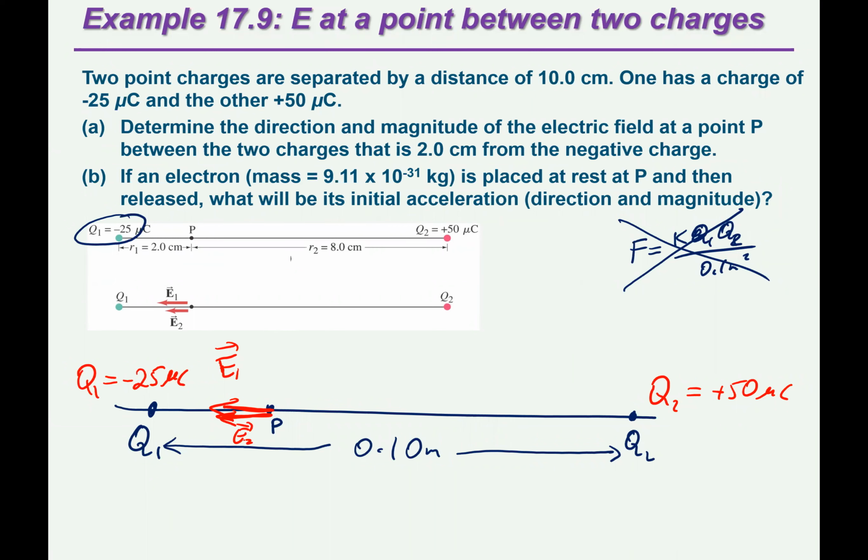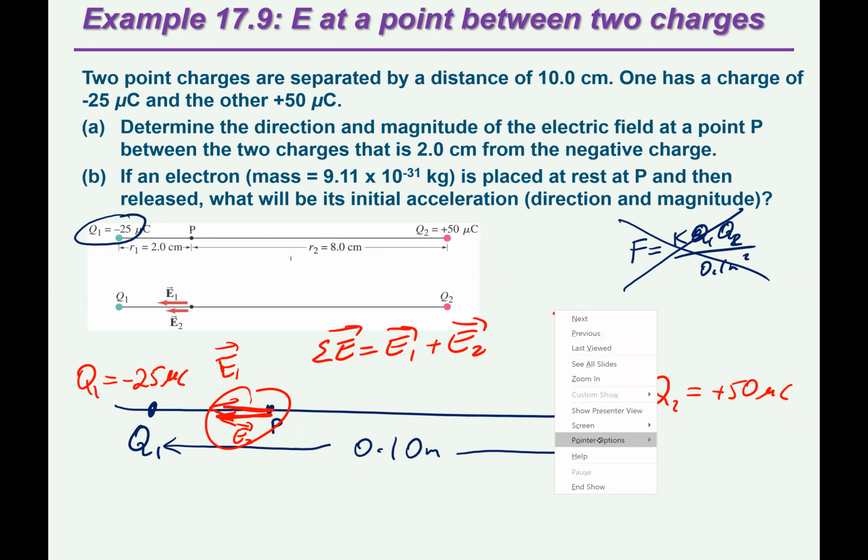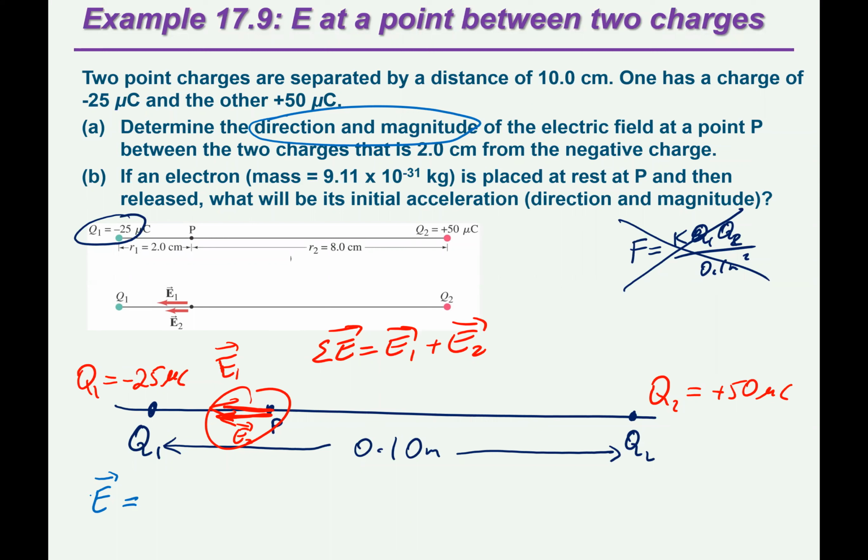Because I have more than one electric field at point P, I need to calculate the net electric field, which is electric field 1 plus electric field 2. So let's do that. Remember, magnitude and direction. I talked about i hat, j hat last time.